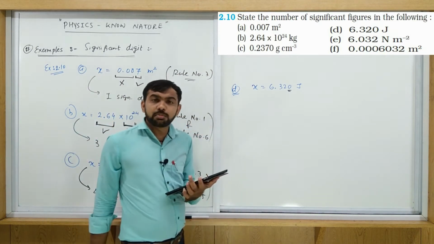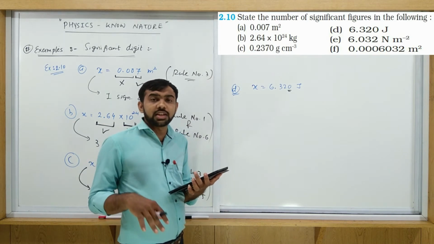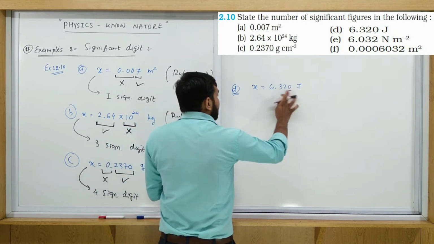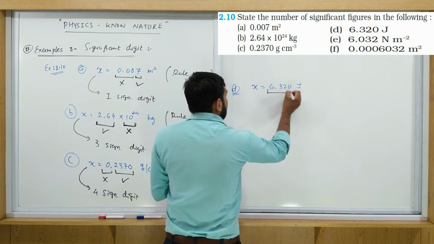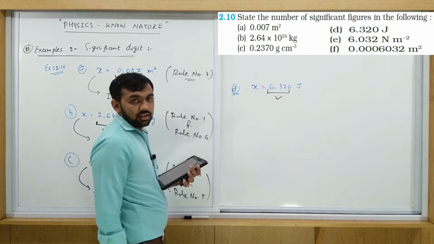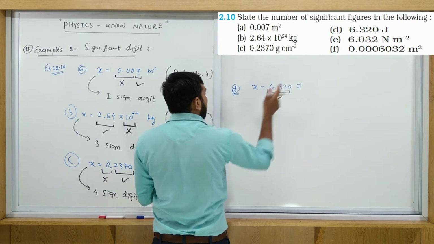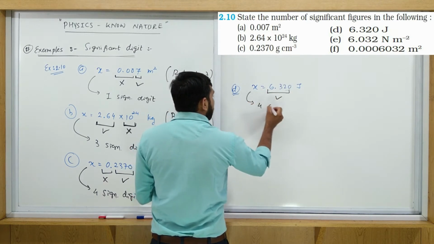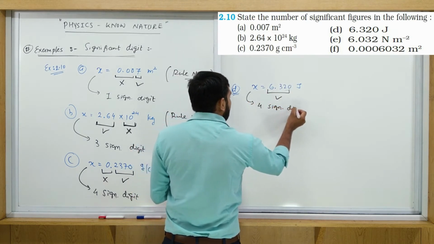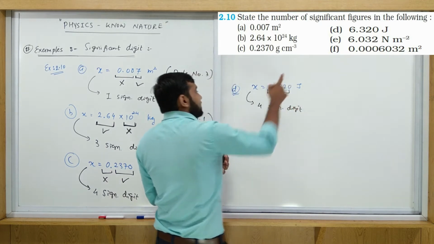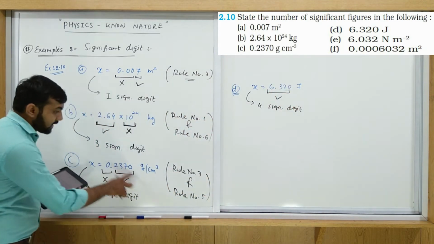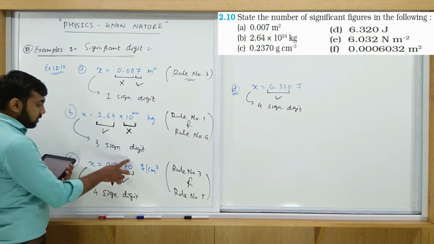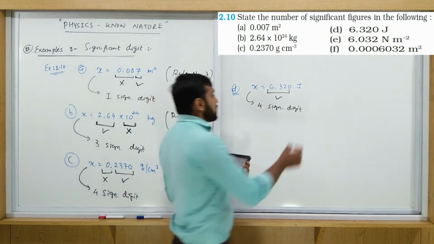If a decimal is given in a number, then all digits are counted as significant. So 1 2 3 4, total 4 significant digits. This is the same right hand side 0 rule, rule number 5. So which rule is used?